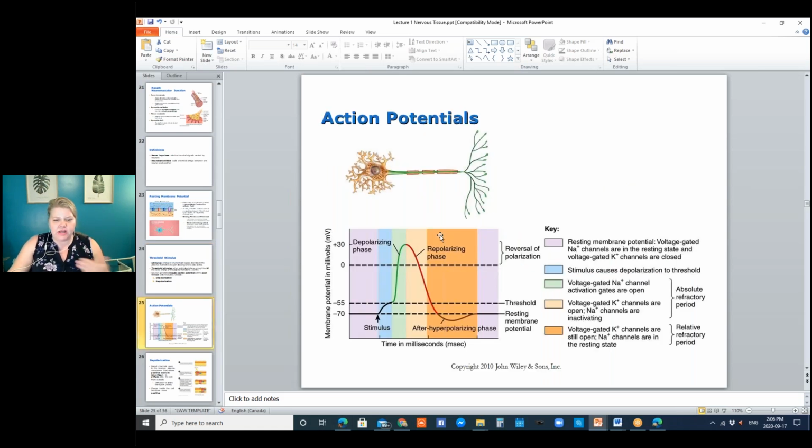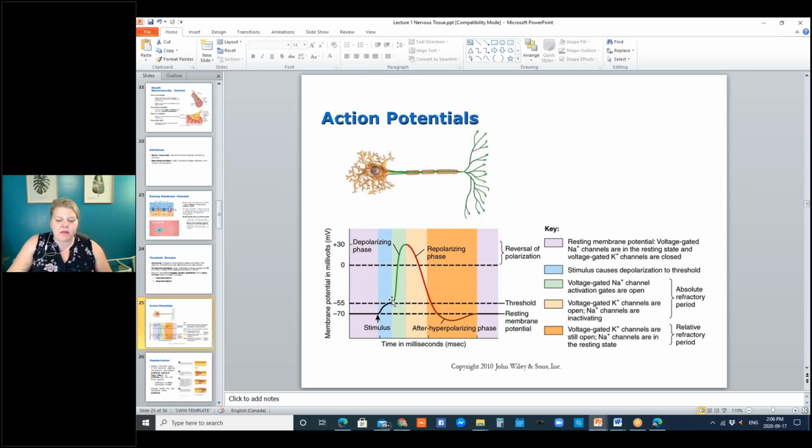So here's just a little visual of that. So here we have that minus 70. This is that resting state, resting membrane potential. And then you have your threshold of minus 55. And unless the stimulus is strong enough to reach that minus 55, nothing will happen. But once it reaches that threshold amount, then you have depolarization occur.